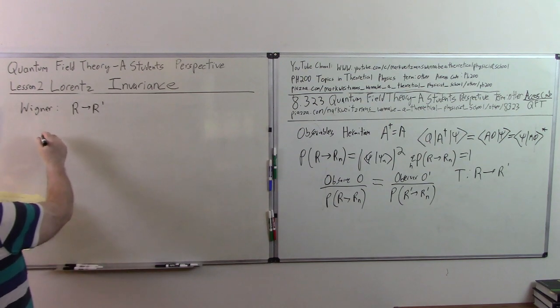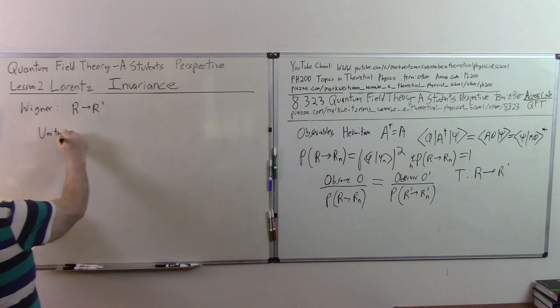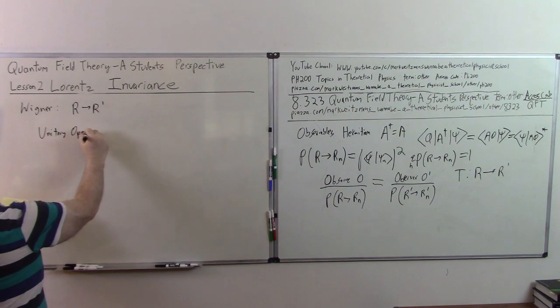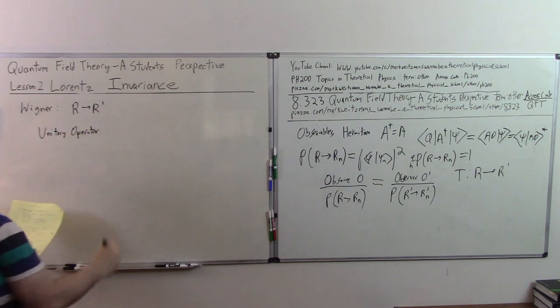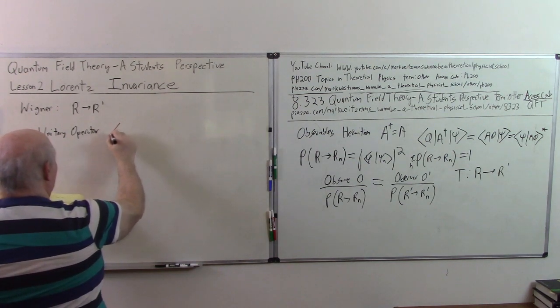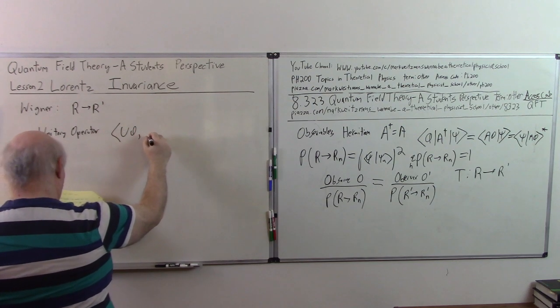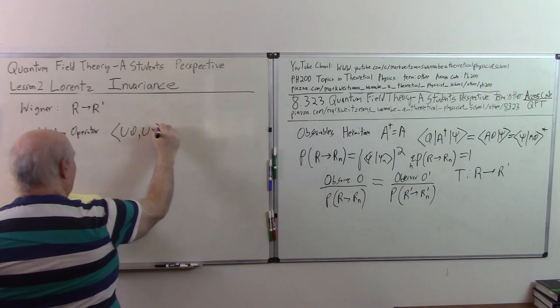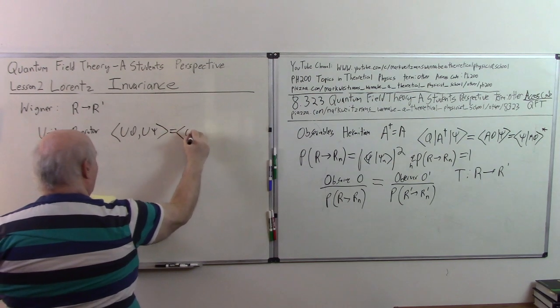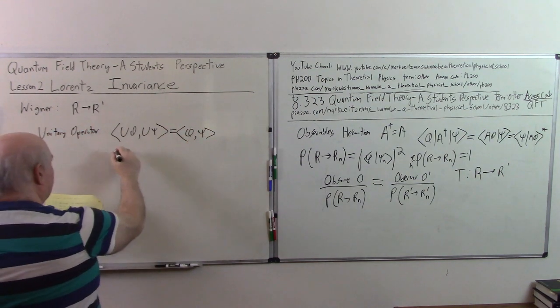So a unitary operator has the property that it preserves norms and it's linear.